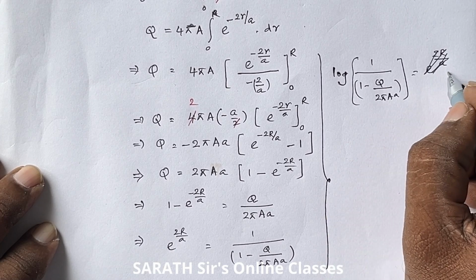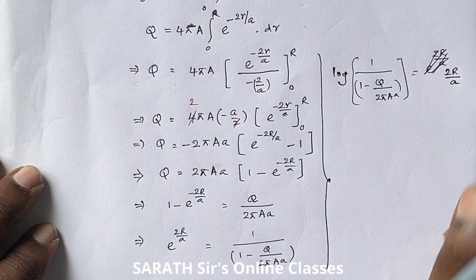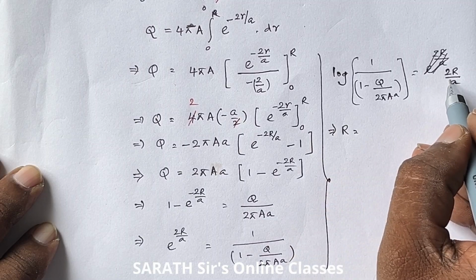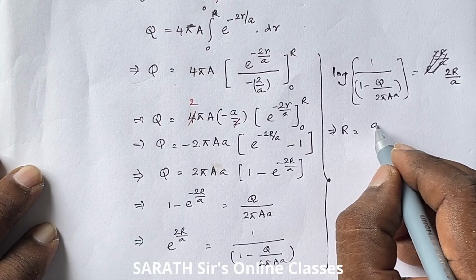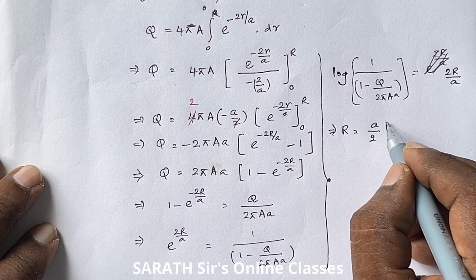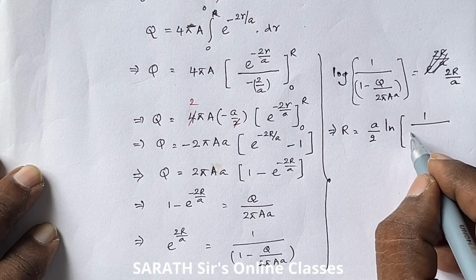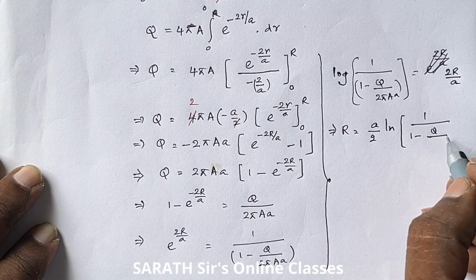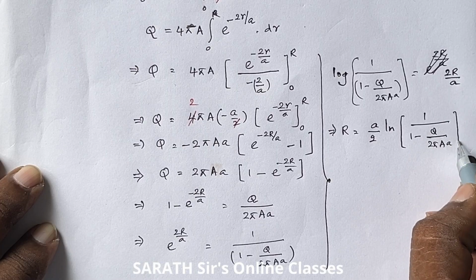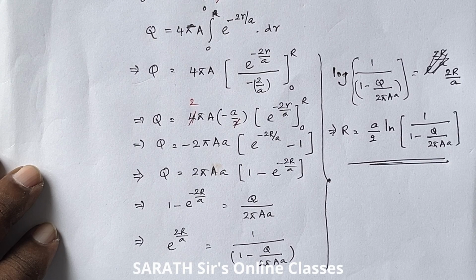We have taken log, 2r by a. R value we have to calculate. That implies r is equal to, this 2 by a goes this side, that becomes a by 2 log, this is natural log, of 1 by 1 minus Q by 2 pi A a. So this is the value of r.